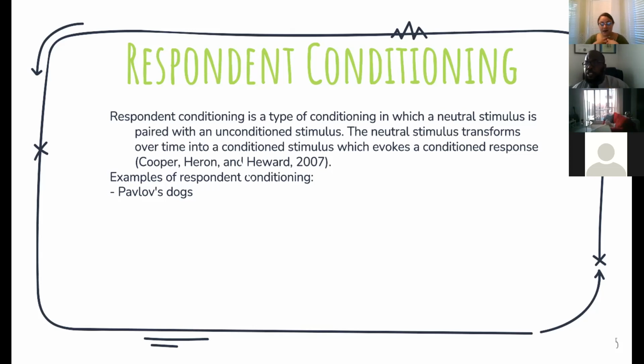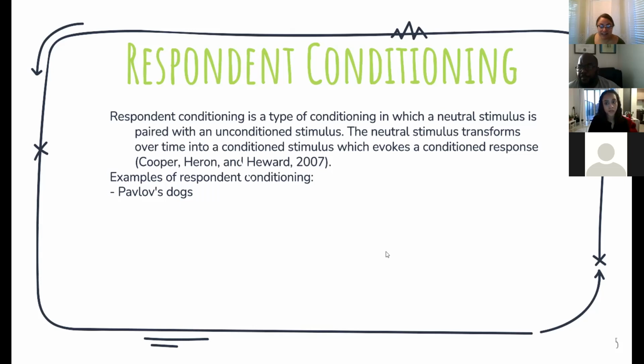But maybe the person is driving and sees a red light and hits the brake. That is operant conditioning, because the person learned maybe from the consequence. Maybe the person ran the light and got a ticket. So now anytime the person sees a red light, he stops. That behavior is operant conditioning, because he learned it from a previous consequence of what had happened. That's the way I see it.